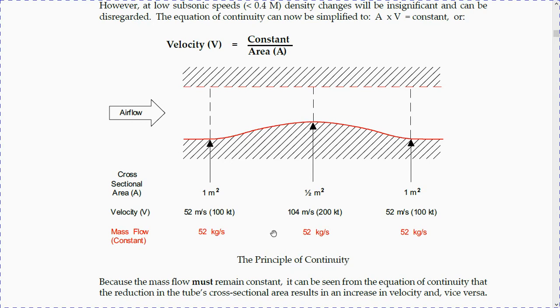So as we can see here, if we divide this 52 kilograms per second by 0.5, and so here is less than 1 meter squared, the air has to accelerate in order to maintain a constant of 52 kilograms per second. So it gives us 104 meters per second. And here goes back to this original 52 meters per second.